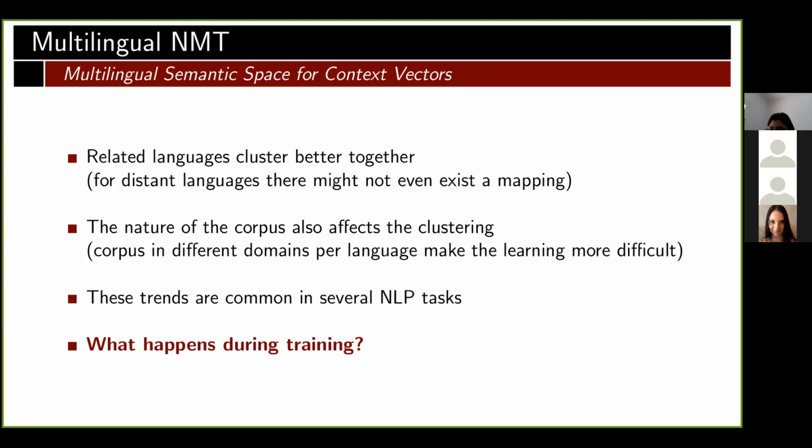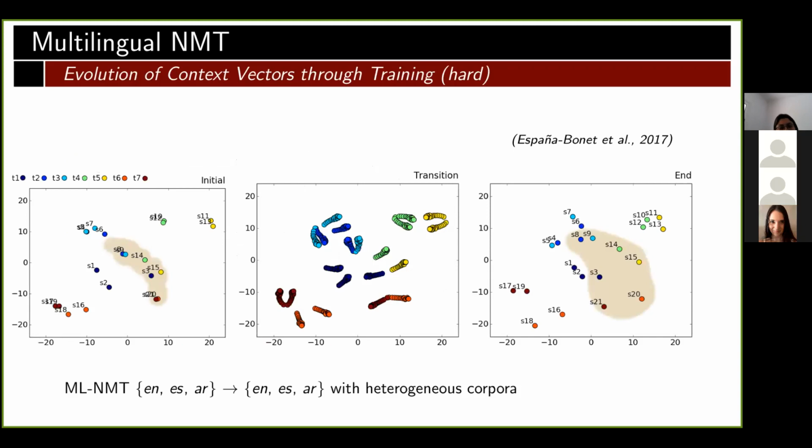So this is happening when you use a multilingual neural machine translation and you train it. But is this the same during the whole training? It's not exactly the same. The system is going towards this behavior, but it's not that different. The plot on the right is the one that we have been looking at in detail before. And the plot on the left is what you have at the beginning of the training.